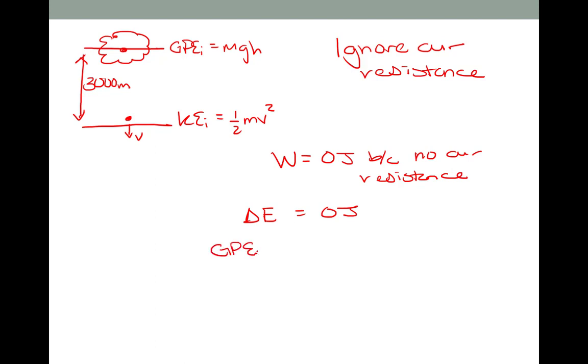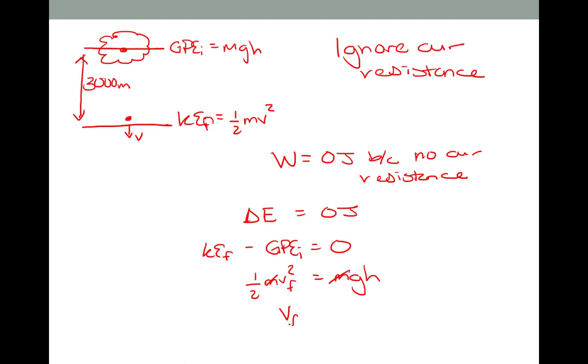So GPE, oh, I wrote that backwards. And I have an I up here that really should be an F. Okay, so KE final minus GPE initial has to equal 0, which means 1/2 mv final squared has to equal mgh. The m's cancel.